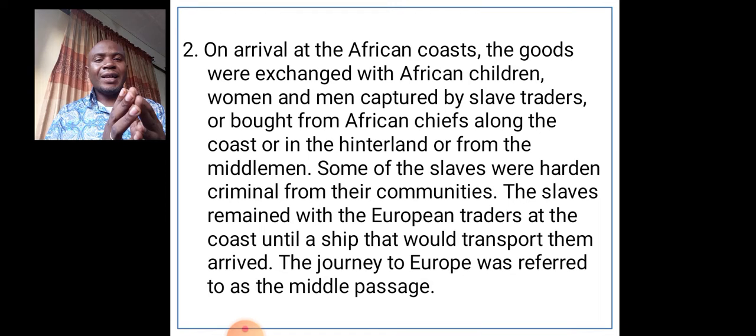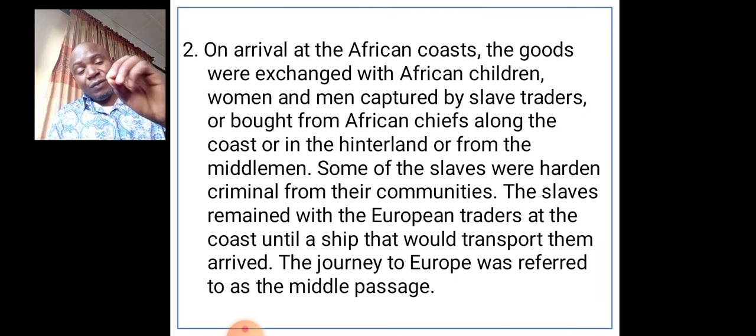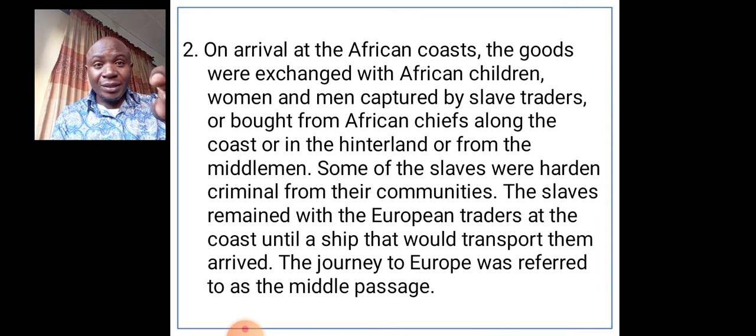They remained at the coast for as long as a ship did not arrive. Even if it was going to take the ship weeks or months, they had to wait for that ship to arrive for them to be transported to the New World. And that journey was referred to as the Middle Passage. We're going to expatiate on that.